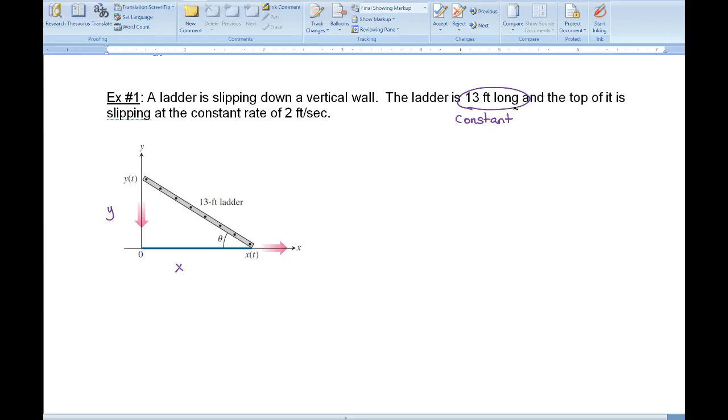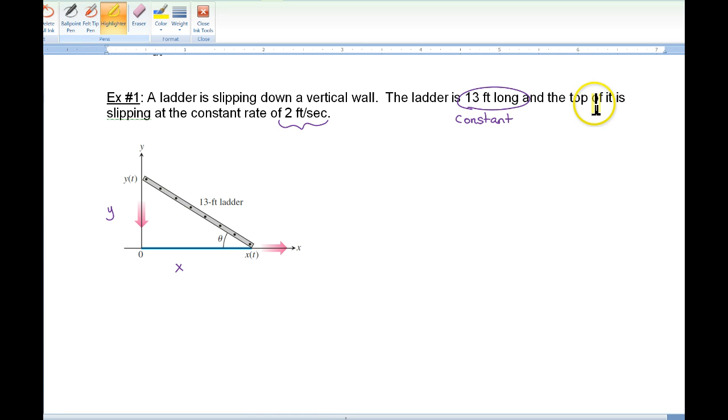The top of it is slipping at the constant rate of 2 feet per second. What I like to do is go through the problem and figure out what we are given. We're given that the top is sliding down, so that means it's going down. That's a dy dt.